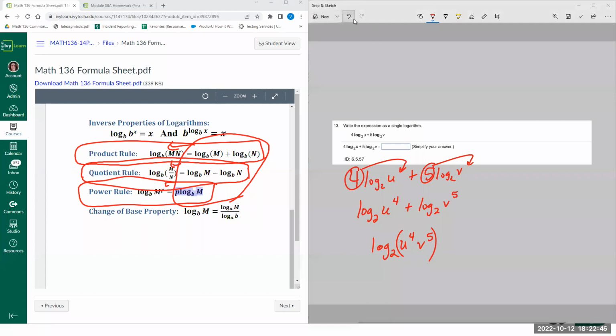Okay, so then the next one I'm going to look at is a quadratic type question.